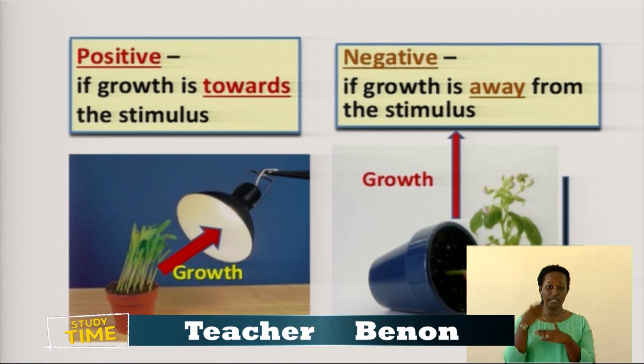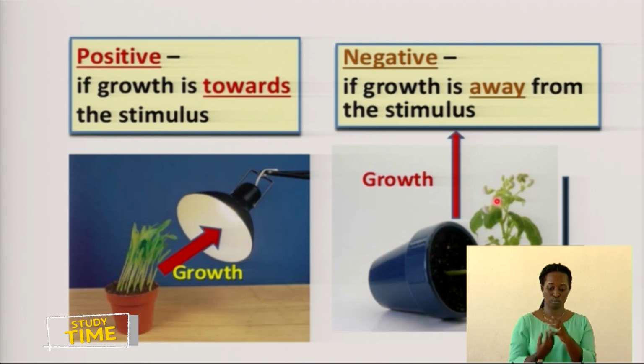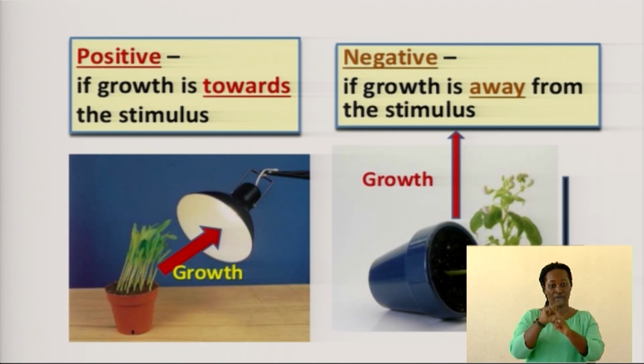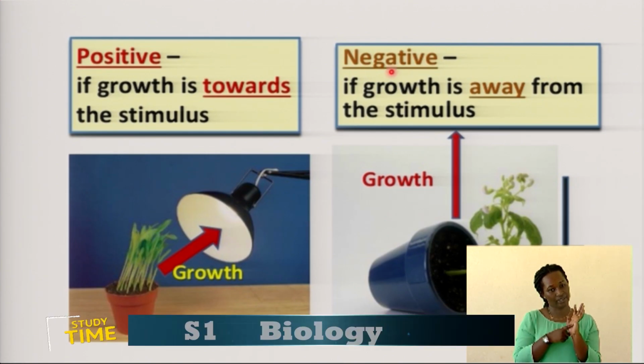Then as you see this plant, as it is growing, it is moving towards the upper part, or maybe let us say towards sunlight, so that these leaves can be exposed and have access to sunlight. But of course, it is moving away from gravity. So that is what we call negative tropism.